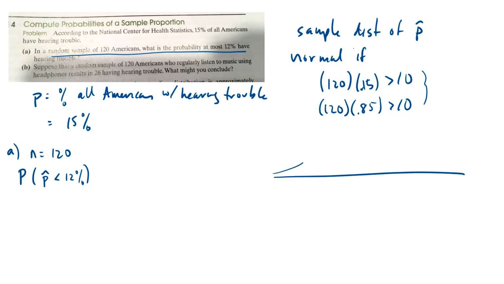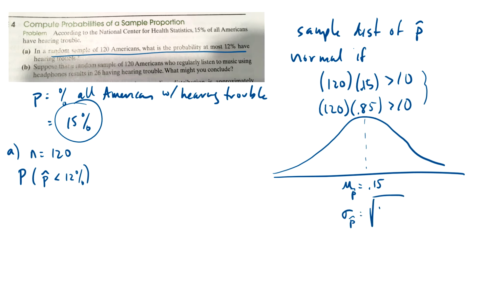So it's normal. And the mean is 15%. It's what P is over here. And the standard deviation is the square root of PQ over n, 0.15 times 0.85 over 120.